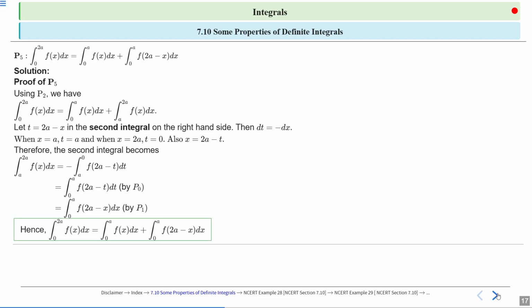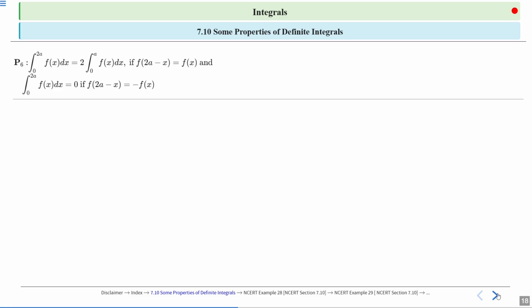Hence we get the result, that is we can split the interval and we don't need to find the definite integral from 0 to 2a. Now we split into two parts and we just need to calculate the definite integral values of two functions, f(x) and f(2a minus x), from 0 to a.